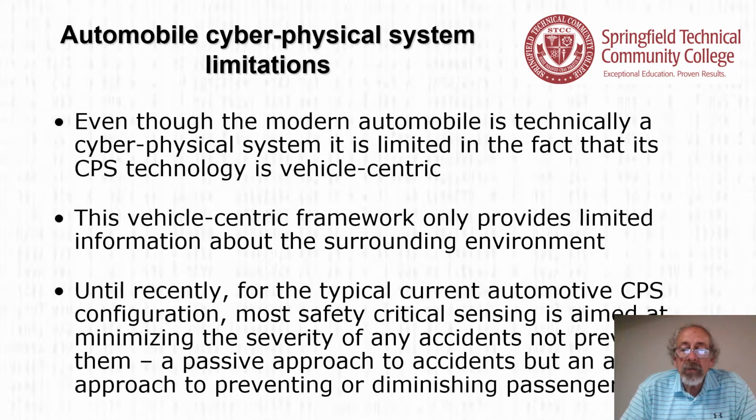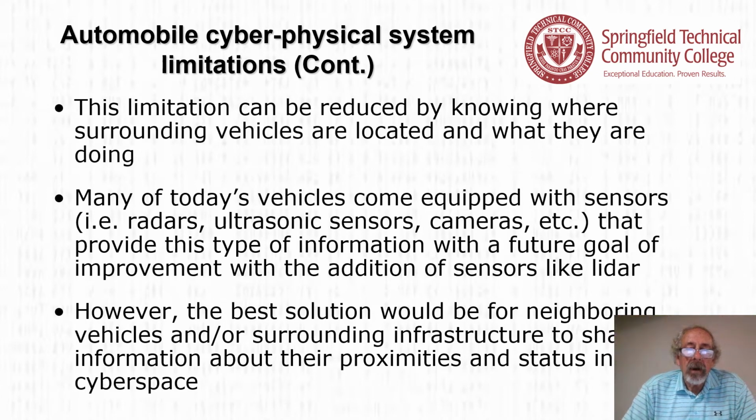A passive approach to accidents, but an active approach to preventing or diminishing passenger injury. Now, this limitation can be reduced by knowing where surrounding vehicles are located and what they are doing. This is the holy grail of autonomous driving.